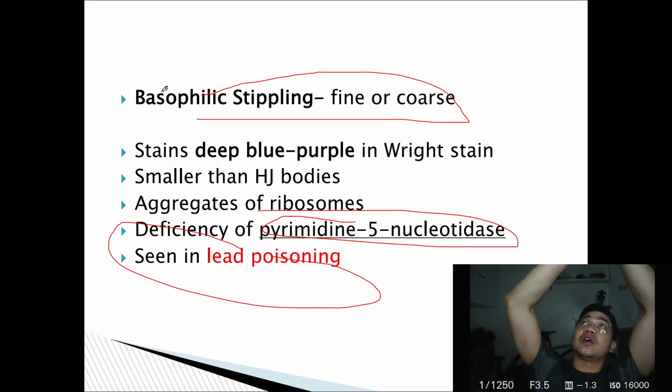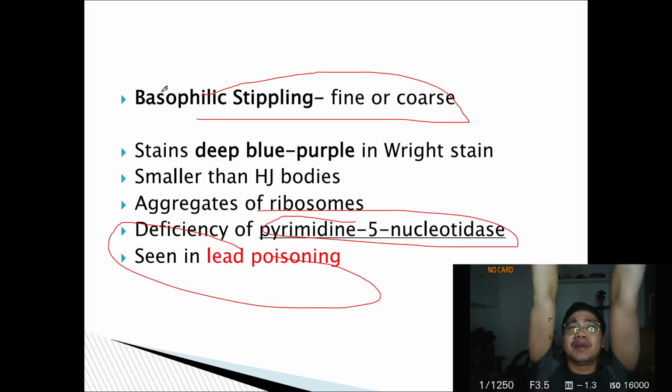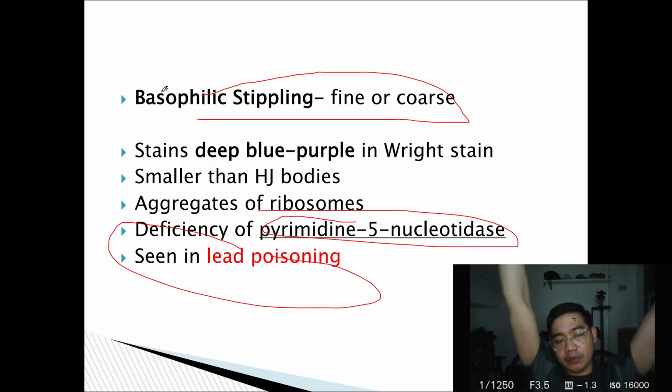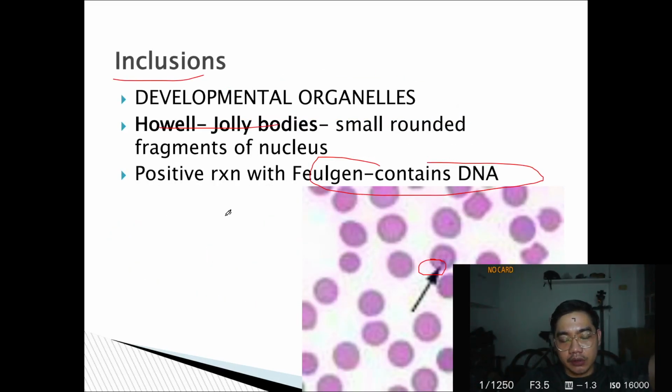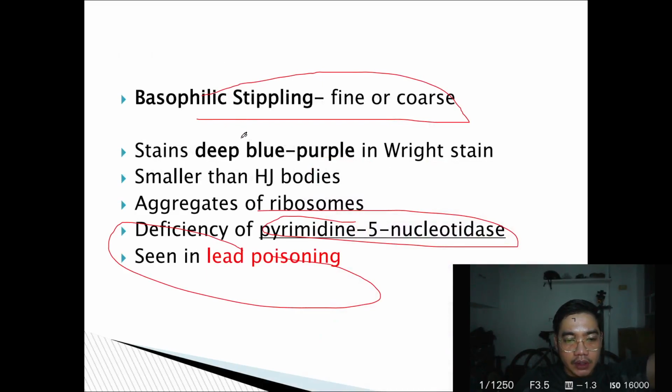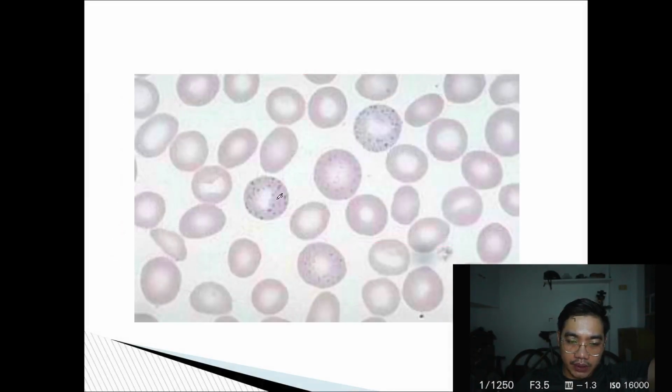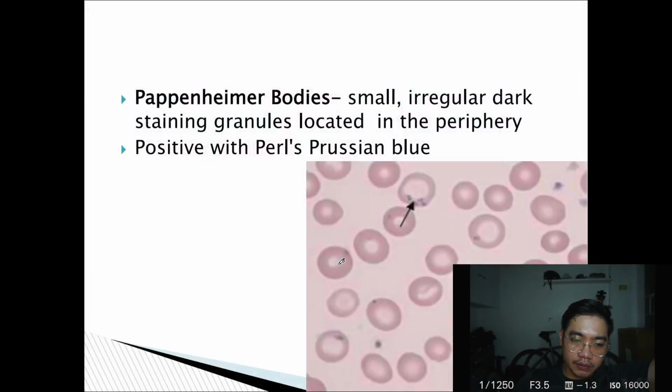The only way you can see your Howell-Jolly sometimes is with Feulgen. It's really hard to see them in your Wright stain, but your basophilic stippling is apparent in your Wright stain. So usually it's just basophilic stippling like this one. Sometimes it's called a pitted golf ball, no, your basophilic stippling.